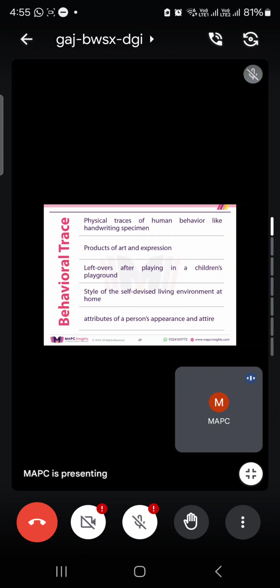Leftovers after playing in a children's playground also say a lot about the psychology of the person. Style of self-devised living environment at home, what the living environment at home is like, also comes under behavioral traces. Attributes of the person, appearance and attire, how the person looks, how the person appears, also talks about the behavior.